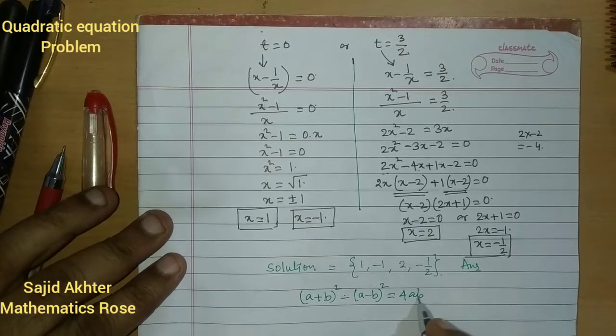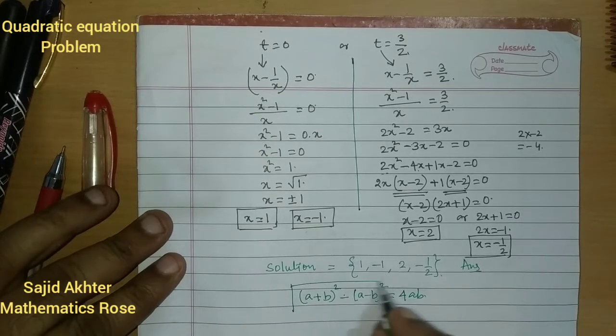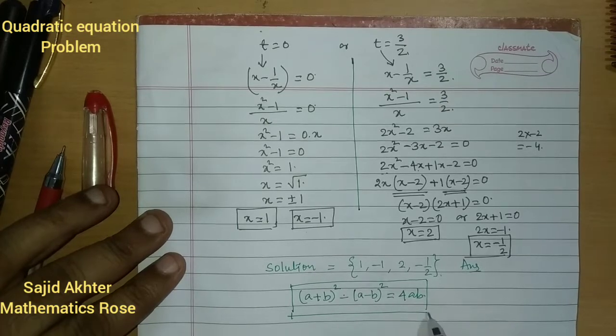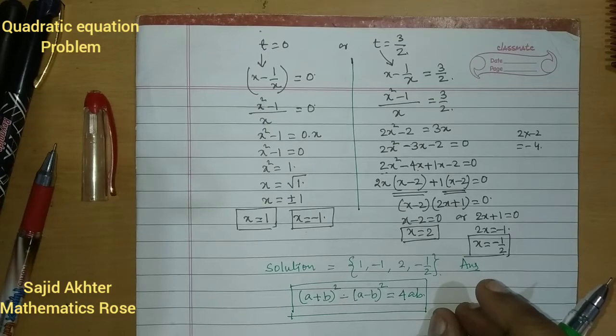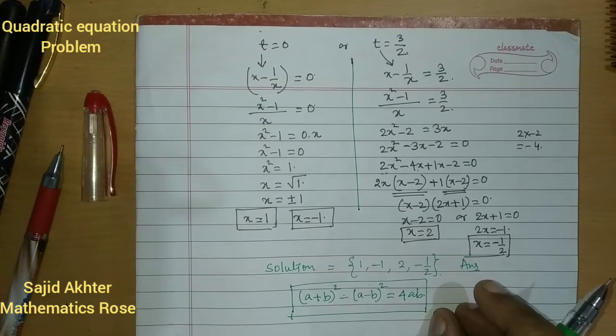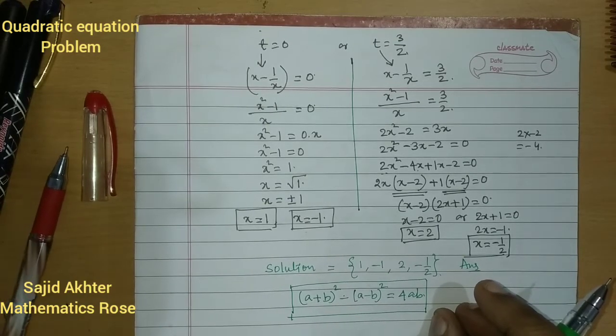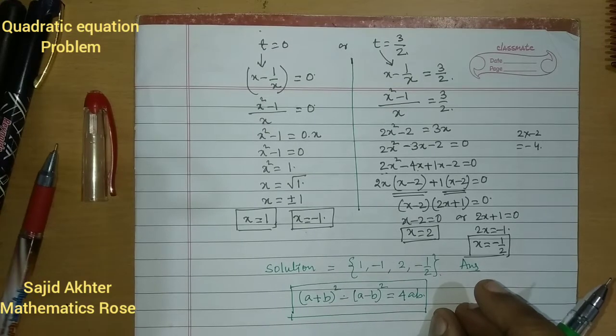This formula will be useful. From this formula such questions will be solved, and you will have to take either x plus 1 by x is equal to t, or x minus 1 by x is equal to t, form the quadratic equation and solve it.